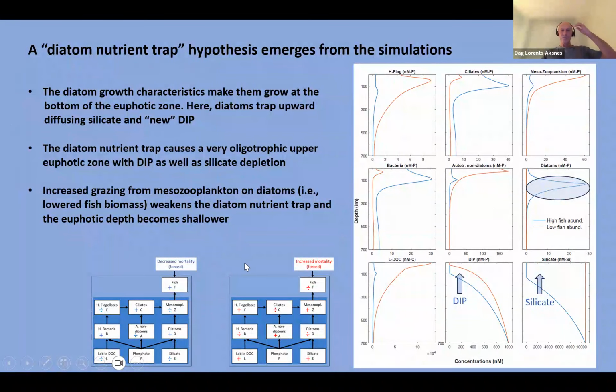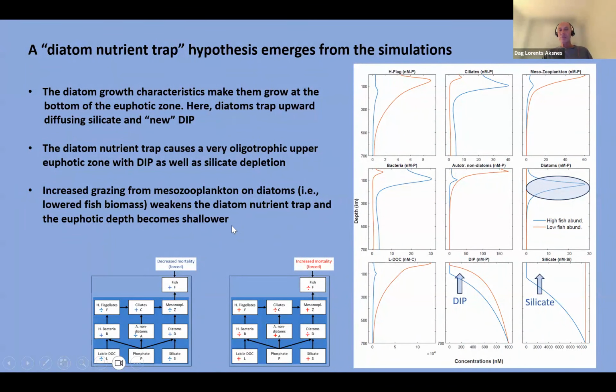Increased grazing from mesozooplankton, like in this red, all the red curves here, weakens the diatom nutrient trap. Actually, here it's totally disappeared in this run, where the mortality of the fish is double the baseline. Then actually the diatoms disappear in the model.